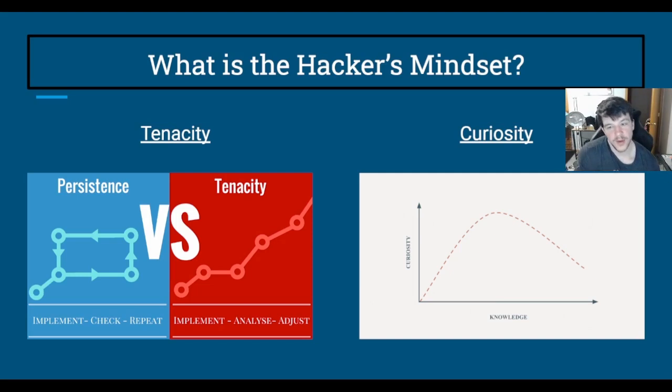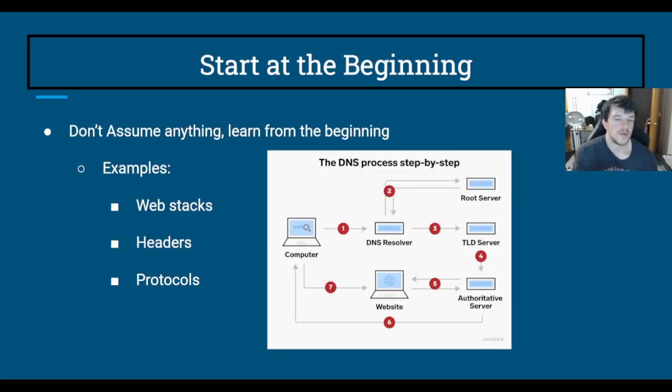Now I want to go over what that actually looks like in practice, not just theoretical. I always recommend starting at the beginning. What I mean by that is not assuming your knowledge is enough until you actually know everything about what you're hacking or working with, from the bottom up. A good example would be web stacks, headers, and protocols.